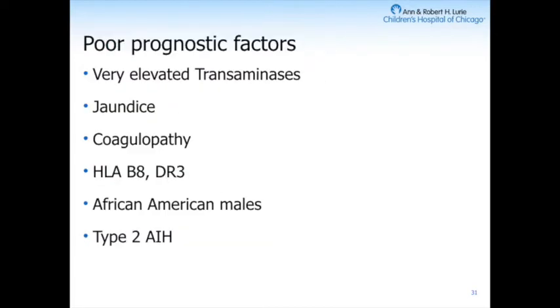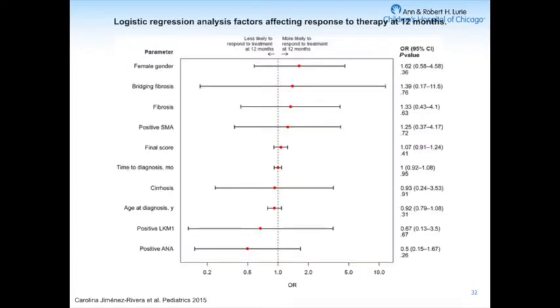So they found poor prognostic factors included very high transaminases, jaundice, coagulopathy, one of these genetic factors, African American males, and having type 2 autoimmune hepatitis. This graph also shows some things that may make you more likely to respond to treatment and less likely to respond to treatment.